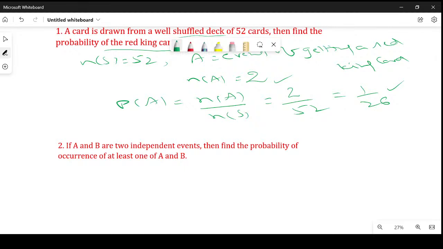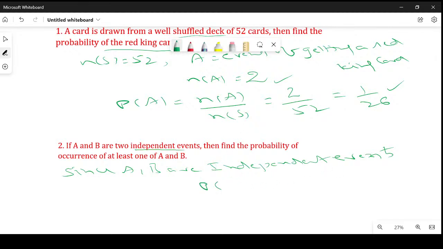Now, coming to this one. A and B are given as two independent events. Then find the probability of occurrence of at least one of A and B. Since A and B are independent events, what does that mean?